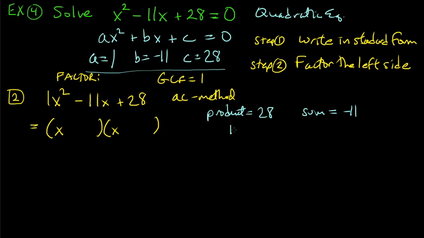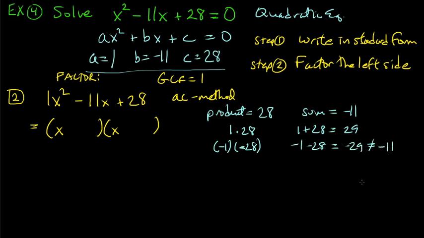Well, there's 1 times 28, but 1 plus 28 is 29, which is not negative 11. And in fact, it's not even negative. So that tells me the two numbers should be negative. So we can try negative 1 times negative 28. And that adds up to negative 29, which is at least negative, but it's not negative 11.